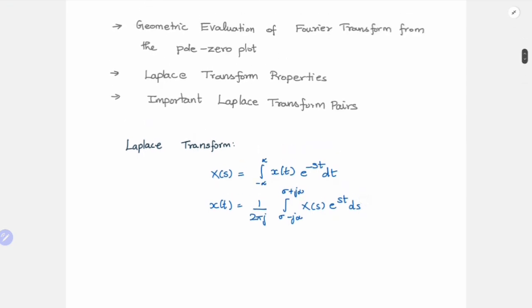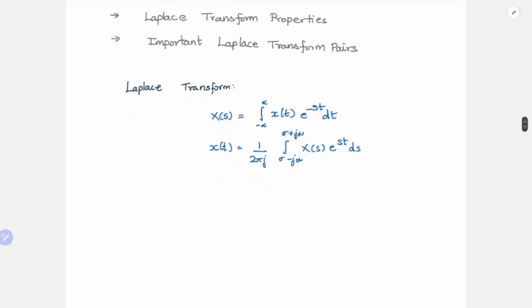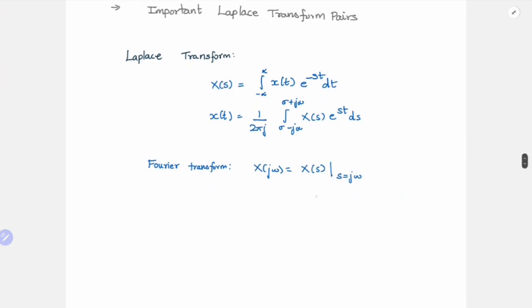Okay, so now we also saw that the Fourier transform, x of j omega, was nothing but the Laplace transform evaluated at the j omega axis.